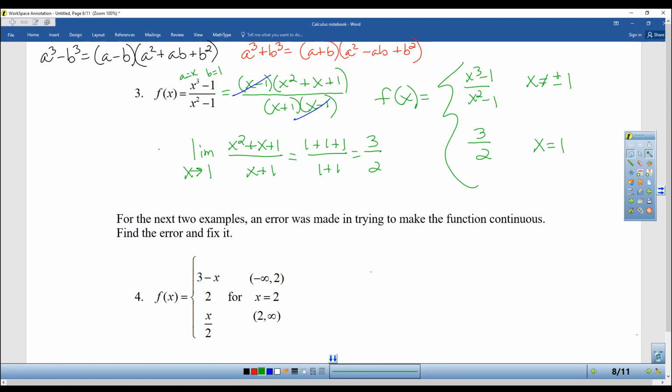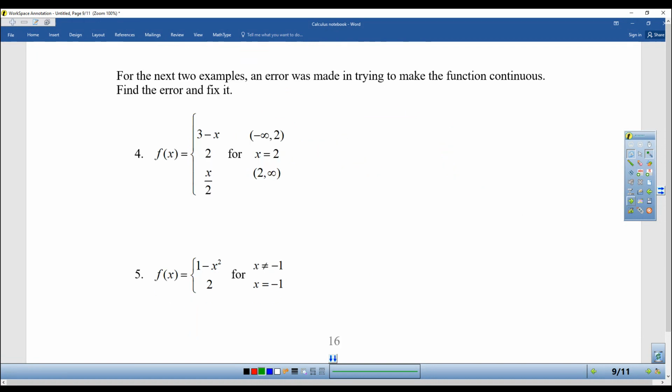All right, for the next 2 examples, an error was made in trying to make the functions continuous. Find the error and fix it. Again, pause, try to do it yourself, come back. So the easiest way to do these is just to make a quick sketch.